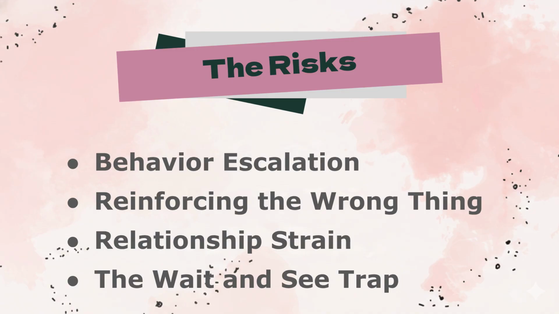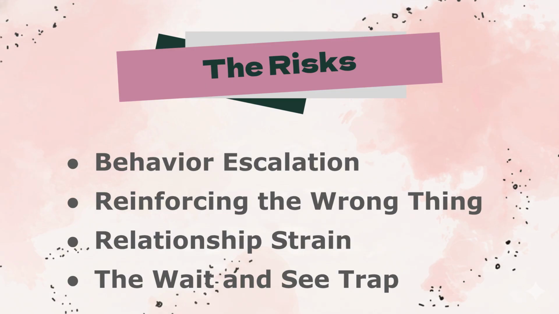Also, during a functional analysis, we might reinforce the wrong thing. So, the truth is, we are reinforcing behaviors in order to confirm our hypothesis. If we aren't careful, the student might learn that the behavior, such as hitting or screaming, is now a guaranteed way to get what they want.